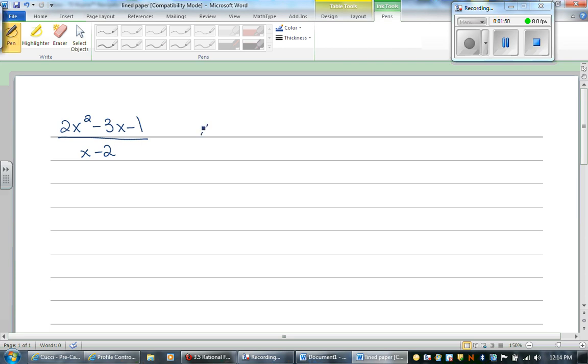And we learned how to do long division a couple lessons back. So first thing I need to ask myself is, what do I need to multiply x by to get 2x squared? And that's going to be 2x.